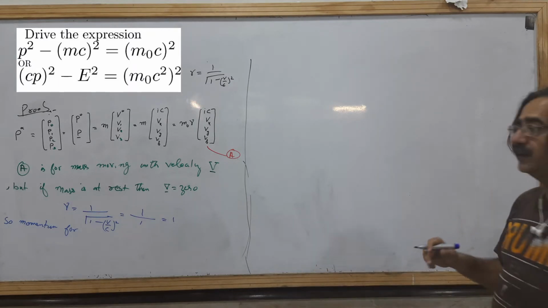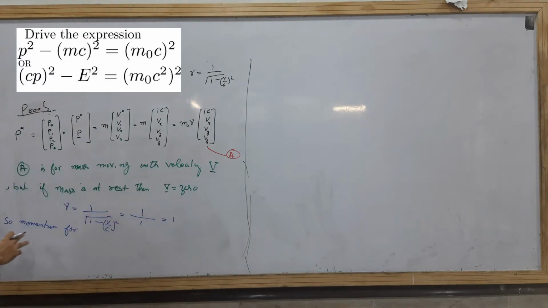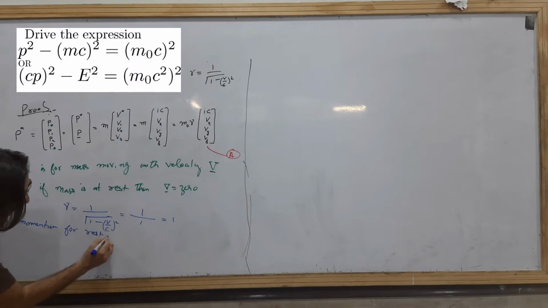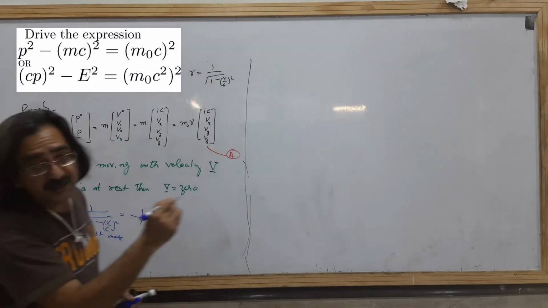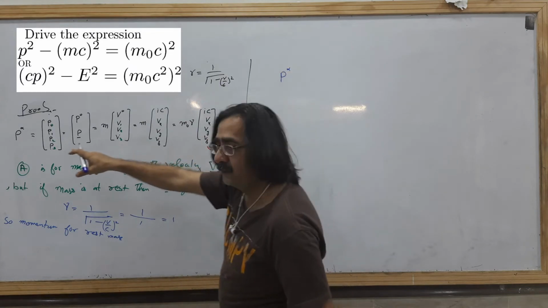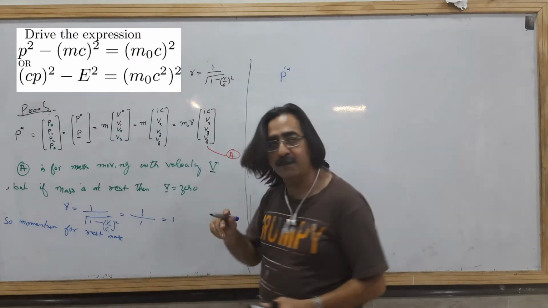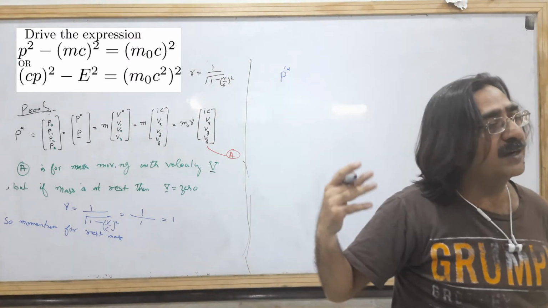Why will that be not 0? That is what we are explaining. If mass is at rest, then what will be the momentum for rest mass? That will become P alpha. I should change the notation. May I write the prime? Prime means that is a different momentum for a different object.